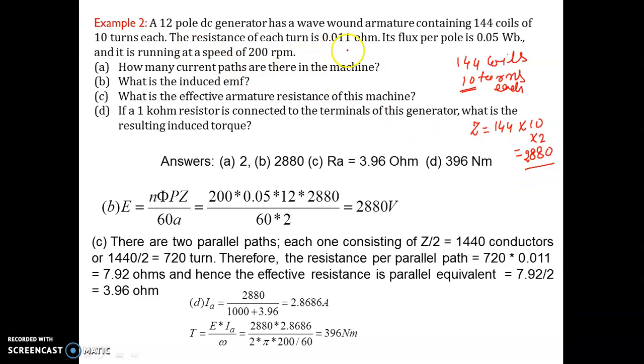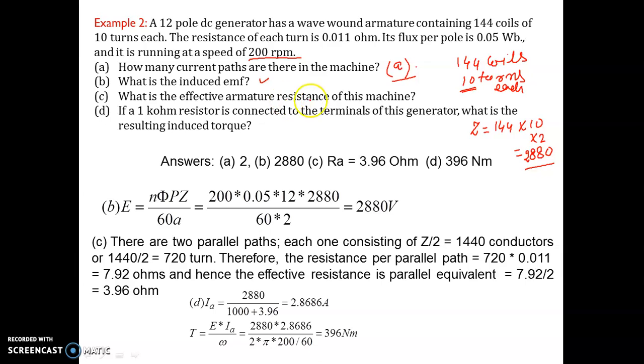In the question, the flux per pole is 0.05 Weber and it is running at a speed of 200 RPM, means Nm is given as 200 RPM. How many current paths are there in the machine? So you have to find A, how many parallel paths are there? What is the induced EMF?